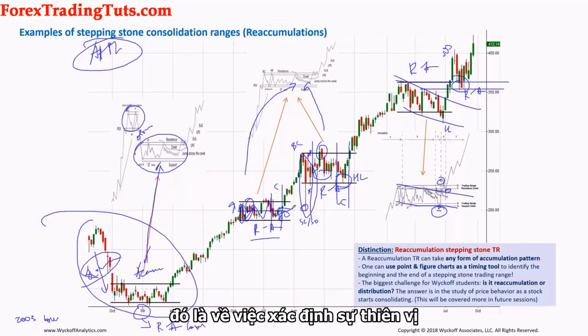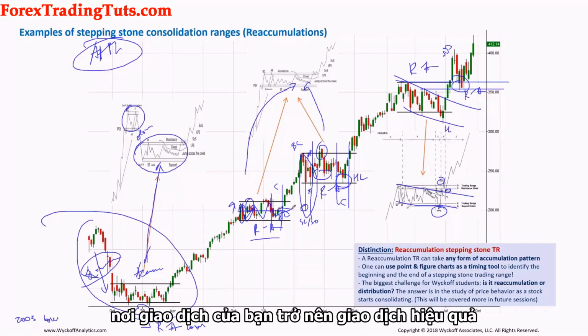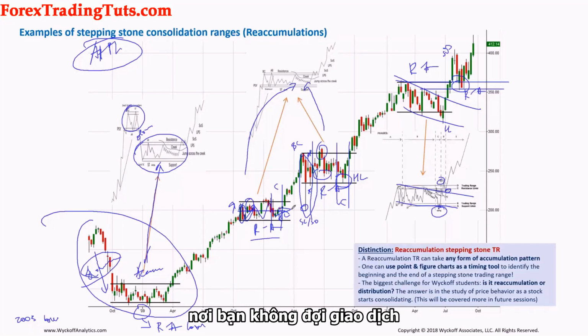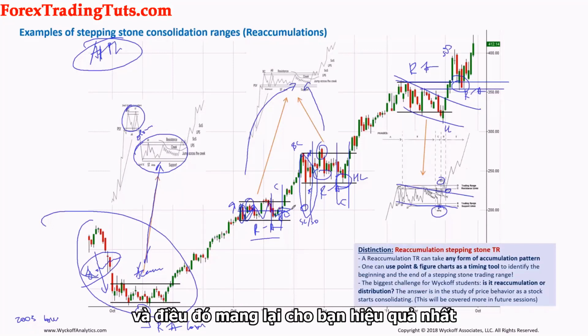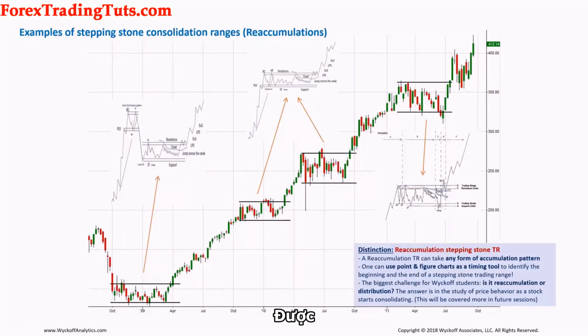It's about identification of the bias. It's about identification of the opening of the position at the most opportune time, where your trade becomes an efficient trade, where you don't wait for the trade to happen. It happens right away. And that gives you the most efficient run for your money. All right, so that's a reaccumulation.